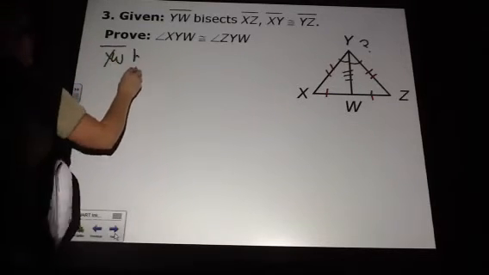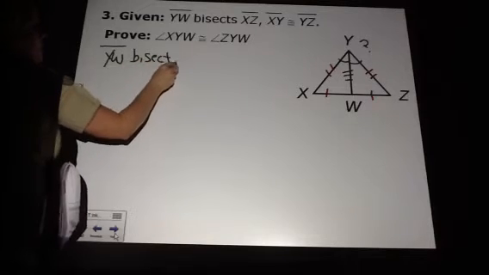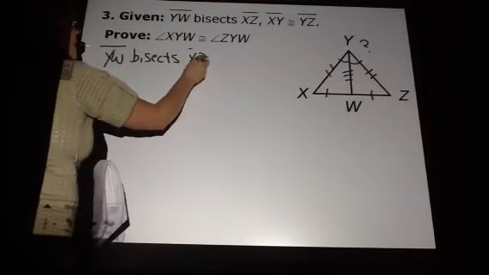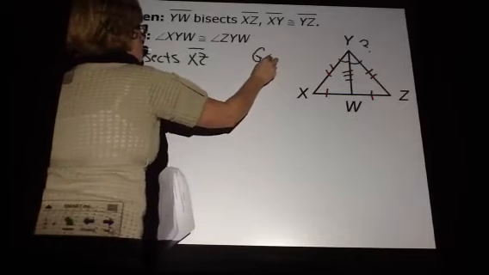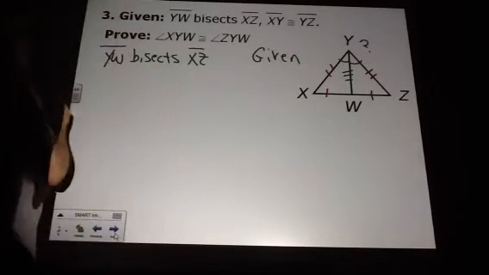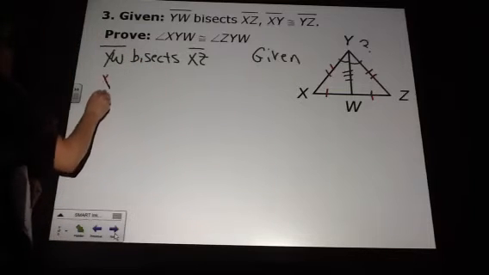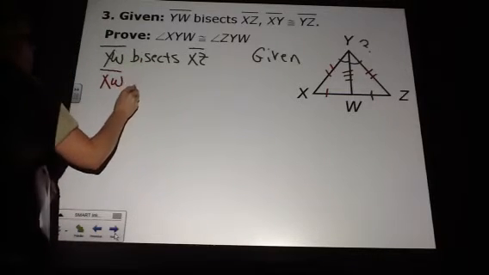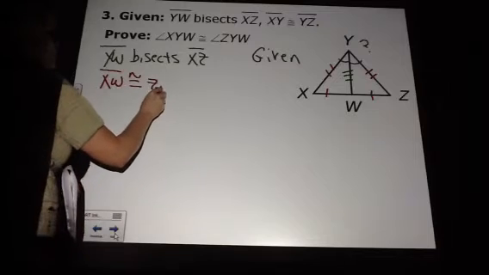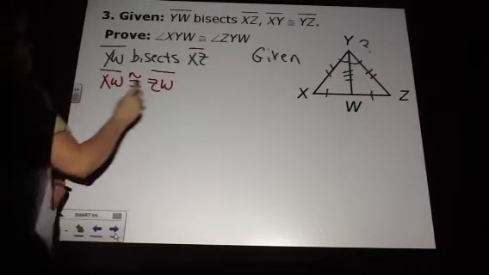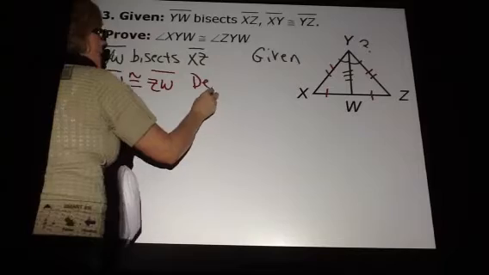Segment YW bisects segment XZ. That is given. That information lets us know that segment XW is congruent to ZW. That's definition of bisector.